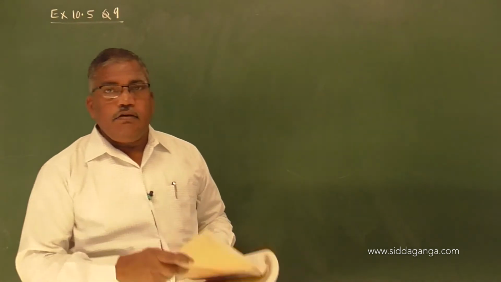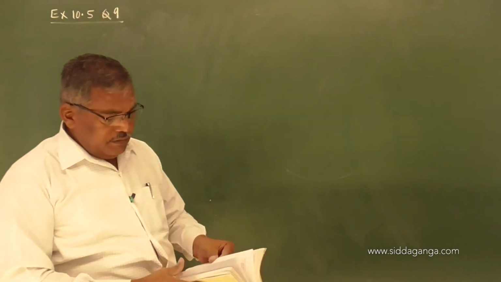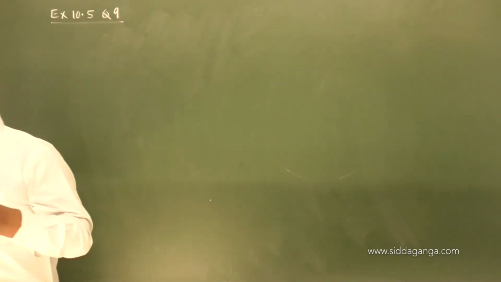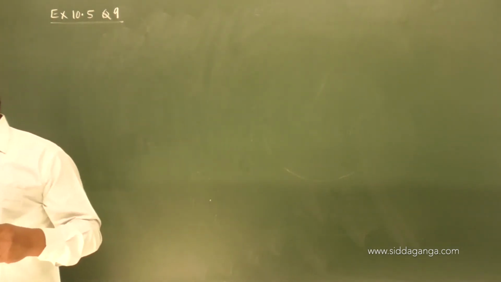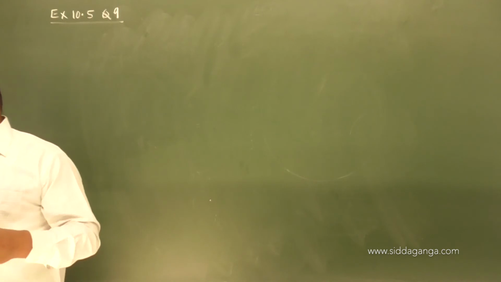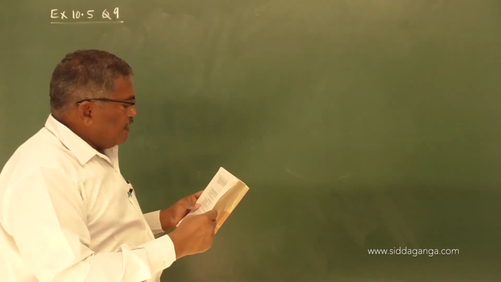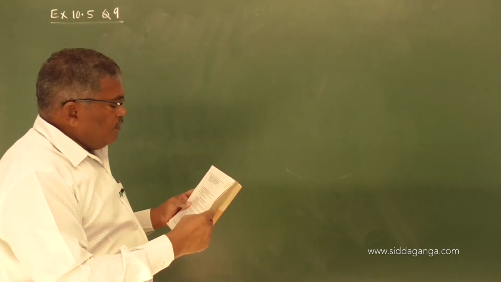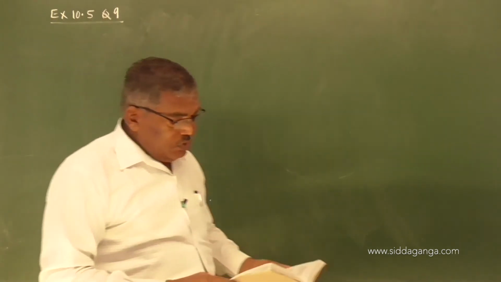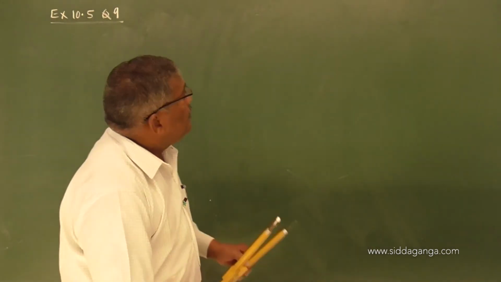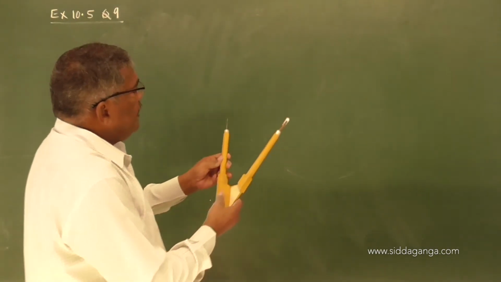Let us read question number 9. Two circles intersect at two points B and C. So let us draw the diagram first pertaining to question number 9.